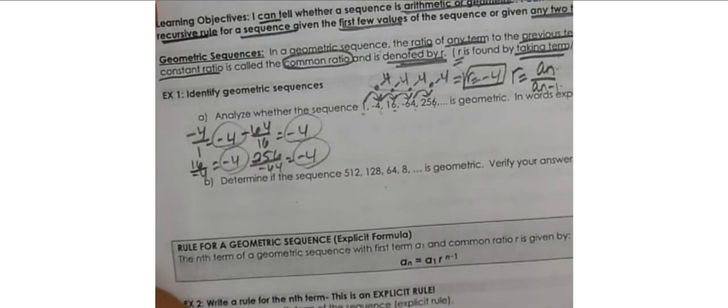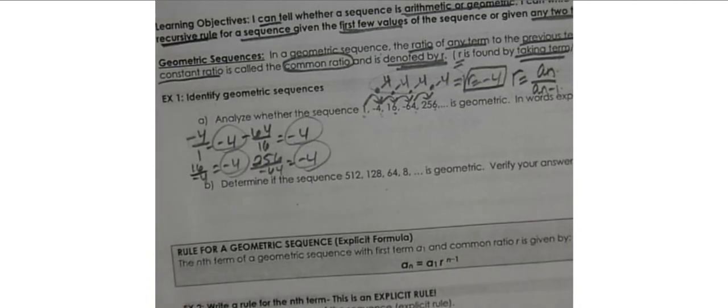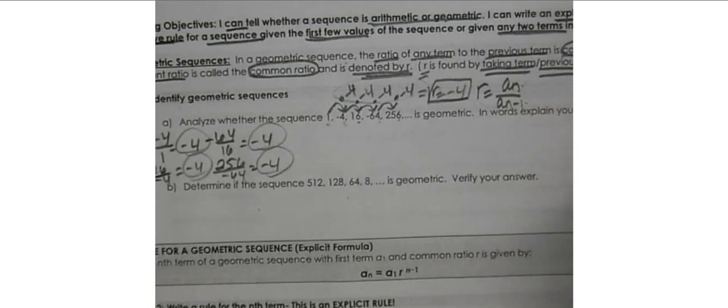So this is another approach, and you would need to show that each ratio is equal to -4, because we know that sometimes in a sequence, just the last couple of numbers in that sequence might not work, and then the whole sequence is not what you were analyzing. But in this case, r is indeed equal to -4, and this example is indeed geometric.